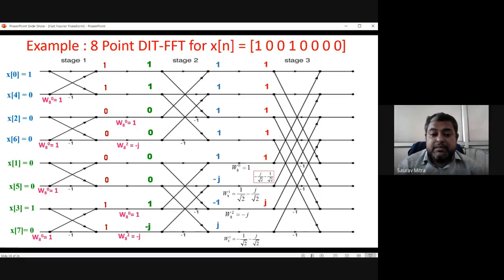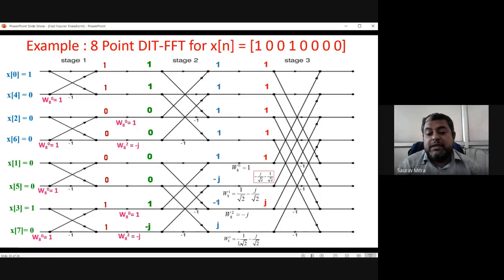Next, this -1 is here, so this is line number 7. -1 is getting multiplied with twiddle factor W82, and that is minus j. So -1 into minus j is plus j. Last line, j is multiplied with W83.